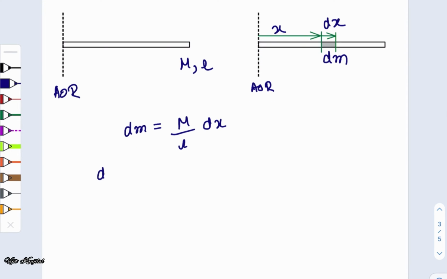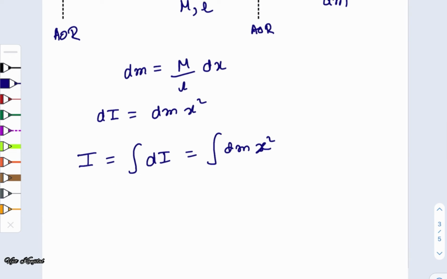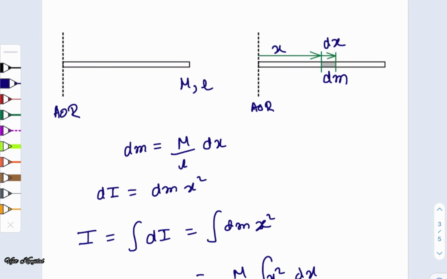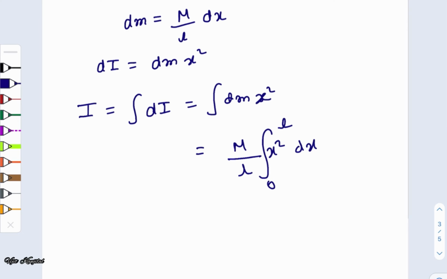Similarly dI would be dm times x square, and I would be integral of dI, which is integral of dm times x square, and on substituting the values we get it as m by L times integral of x square dx, where the limits of integration are from 0 to L. So let's find out this particular result.